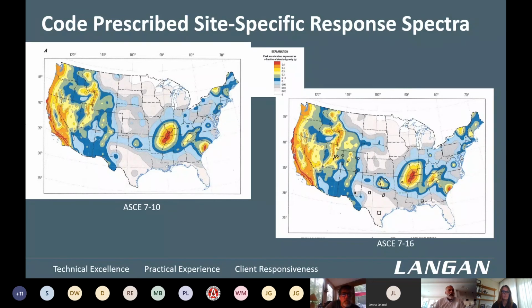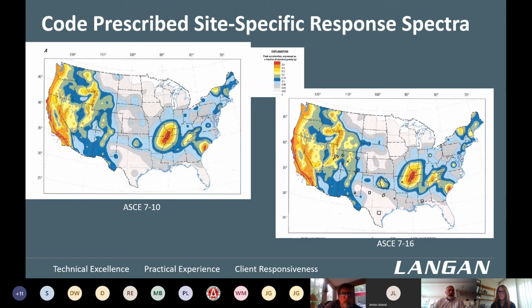As you can see, the Western United States is in warmer colors, obviously indicating a greater level of ground shaking. There are some differences between the two maps, but generally speaking, they are fairly similar. The Western US has the highest level of ground shaking from the border of Mexico to Canada.